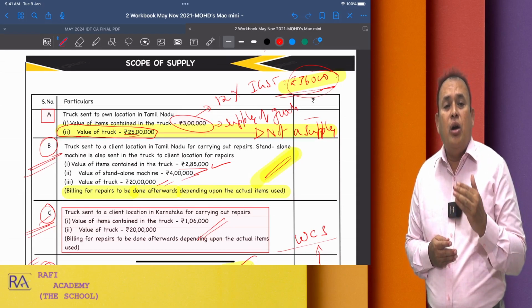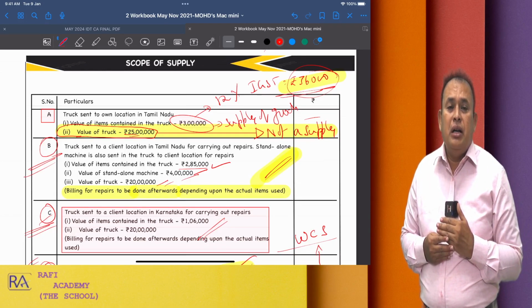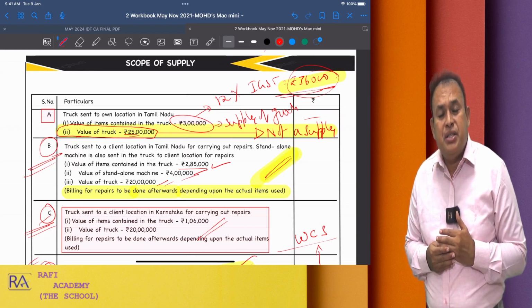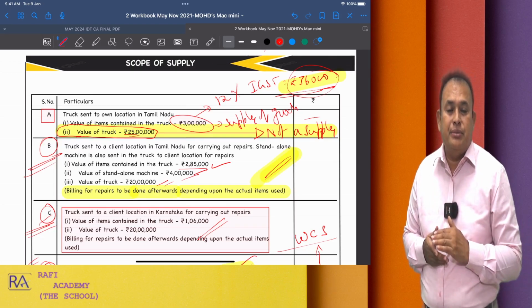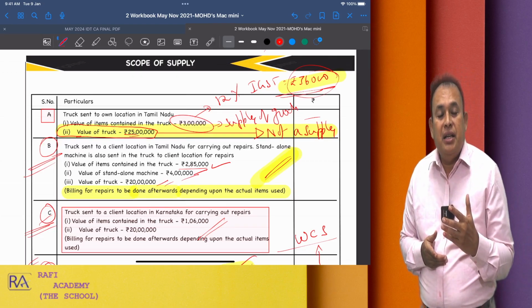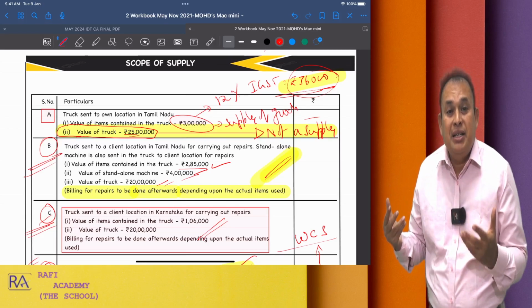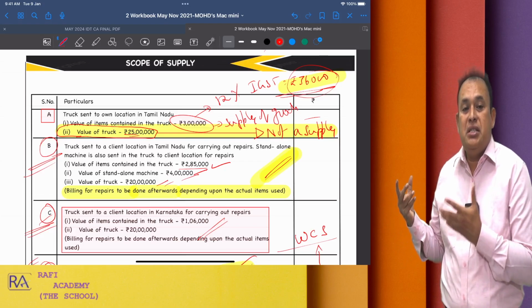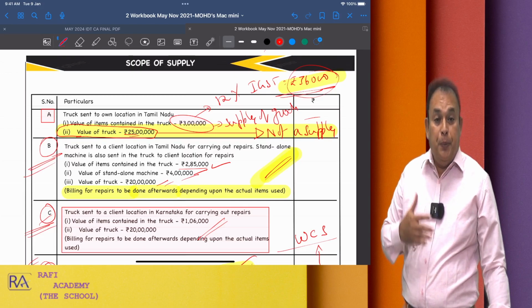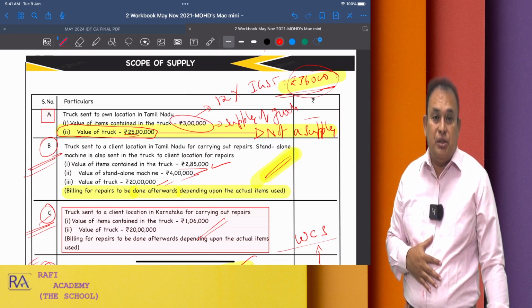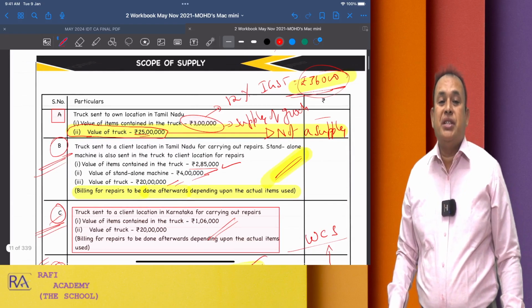The definition of service in the CGST Act is not going to be asked in the examination. They are asking this type of comprehensive questions. From these fundamental topics up to the input tax credit chapter topics, they are going to ask this type of case scenario questions in the examination.